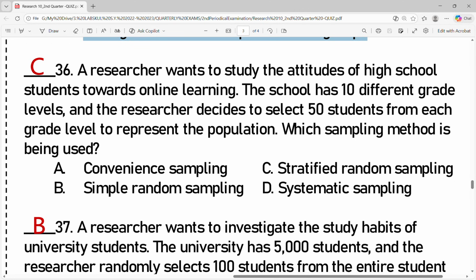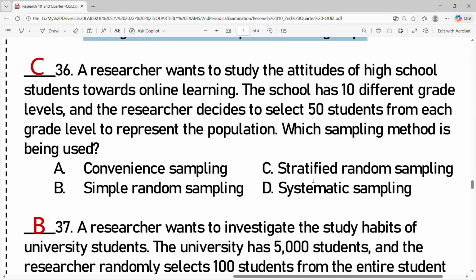Number 36. A researcher wants to study the attitudes of high school students towards online learning. The school has 10 different grade levels, and the researcher decides to select 50 students from each grade level to represent the population. Which sampling method is being used?